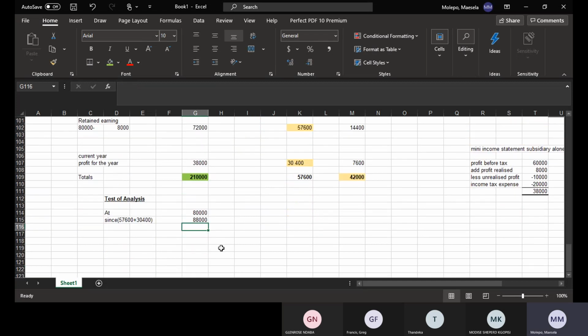And then you have the last one, which will be your NCI, which comes as 42.